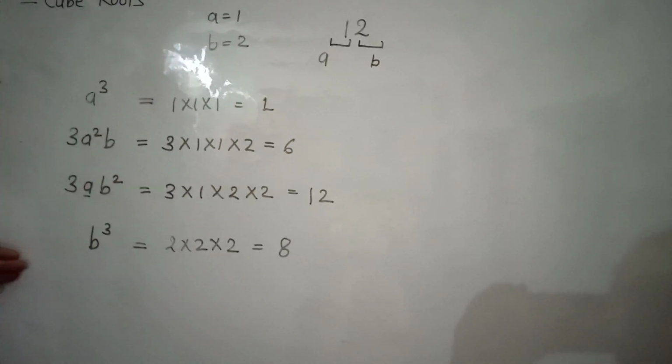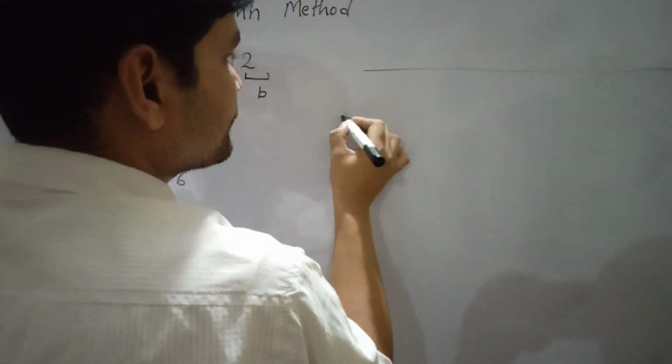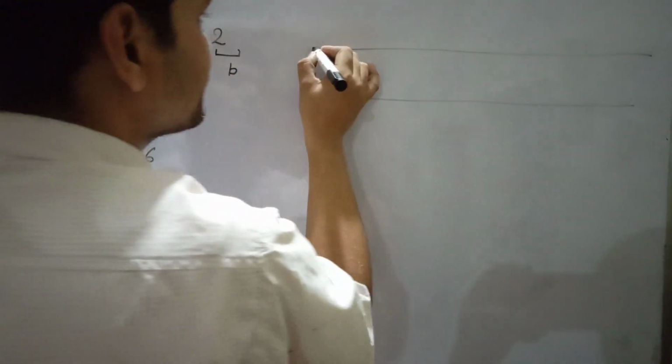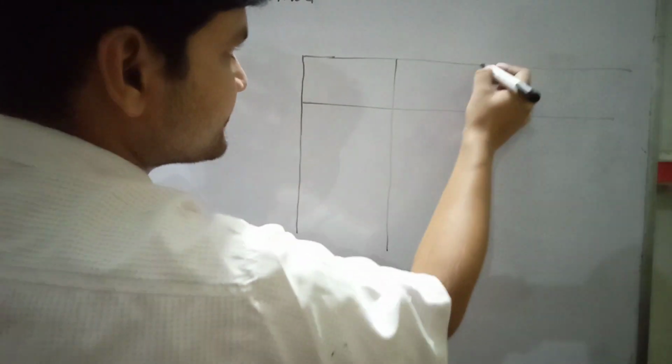After finding the value of these numbers, we will put the value on the column. We will make the 4 columns in here.